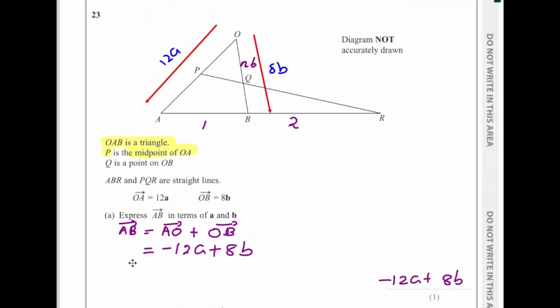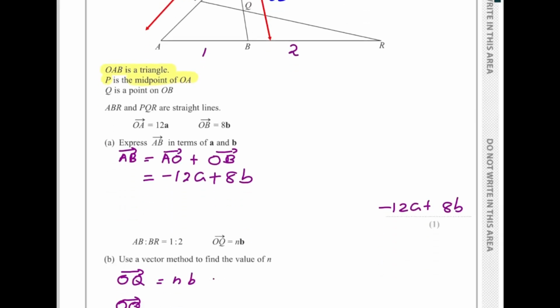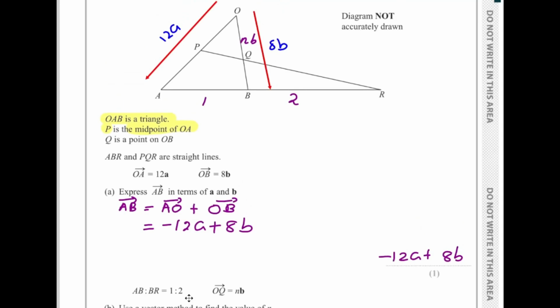So I have to get OQ. I'm coming in this way, OP plus PQ. Now OP: can we get OP? Have we been given any ratios for OP?